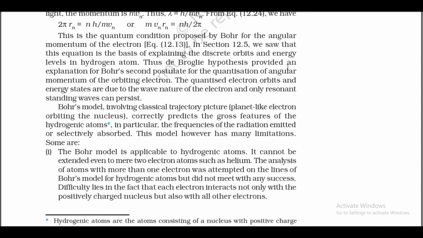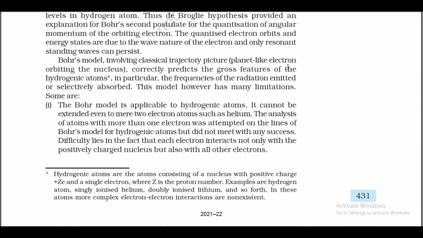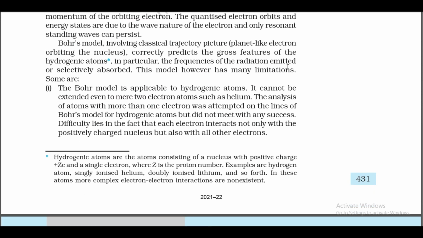This model, however, has many limitations. Some are: first, the Bohr model is applicable to hydrogenic atoms. It can be extended even to two-electron atoms such as helium. The analysis of atoms with more than one electron was attempted on the lines of Bohr's model of the hydrogenic atom but did not meet with any success.